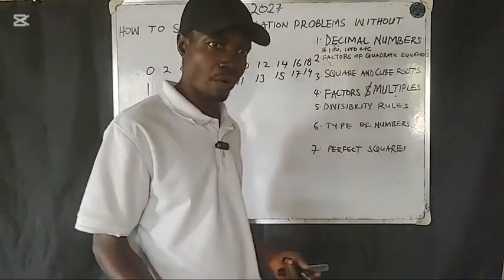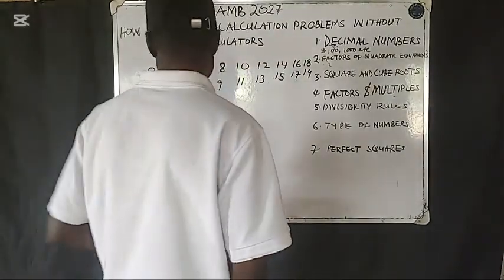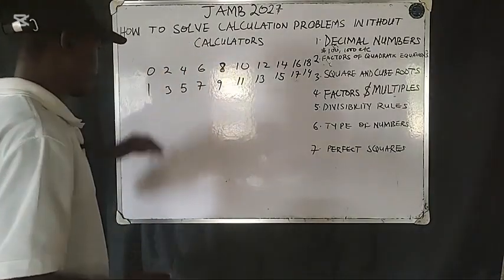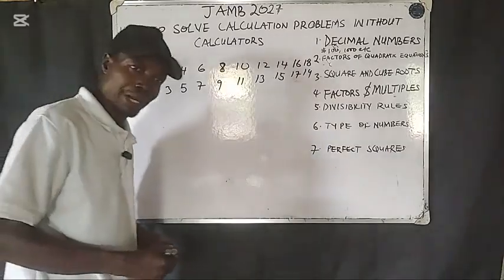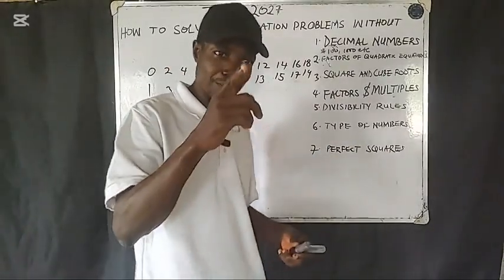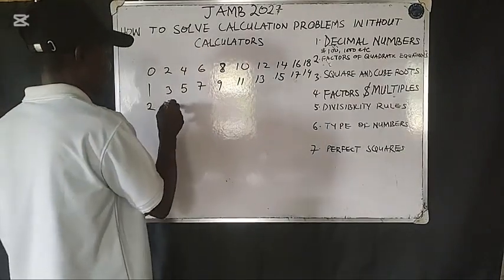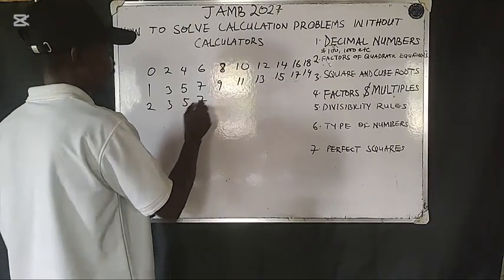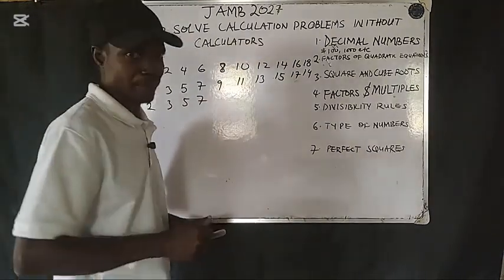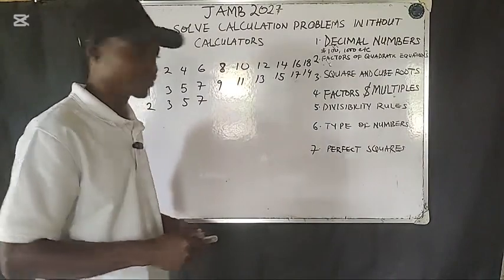These are odd numbers. So if even starts from 0, odd starts from 1, guess what prime will start from? Prime will start from 2. So the first prime is 2, followed by 3, followed by 5, 7. 9 will not be a prime number because 3 can go into 9, right?